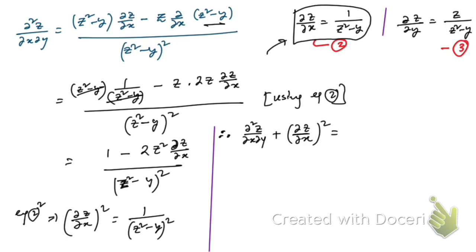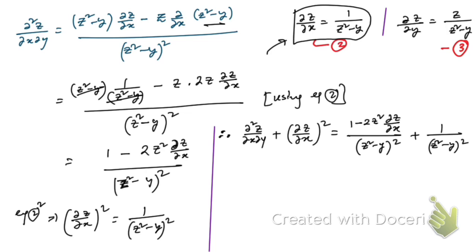If you add this, on the right hand side these two also should be added: left hand side plus left hand side, right hand side plus right hand side. So what you're gonna get is (1 minus 2z square del z by del x) divided by (z square minus y) whole square, then plus 1 by (z square minus y) whole square. That's what we're gonna have.